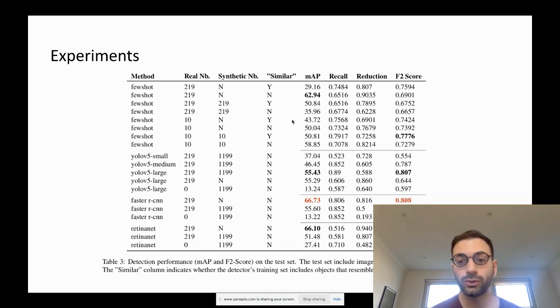In terms of fine-tuning approaches, the Faster R-CNN did pretty well. It got one of the best F2 scores, and YOLOv5 had similar performance. In terms of mAP, the Faster R-CNN also performed really well.